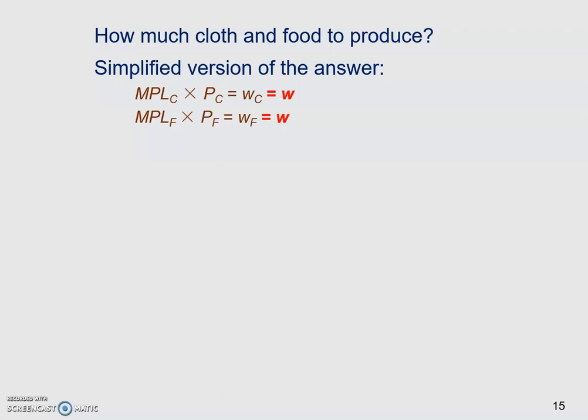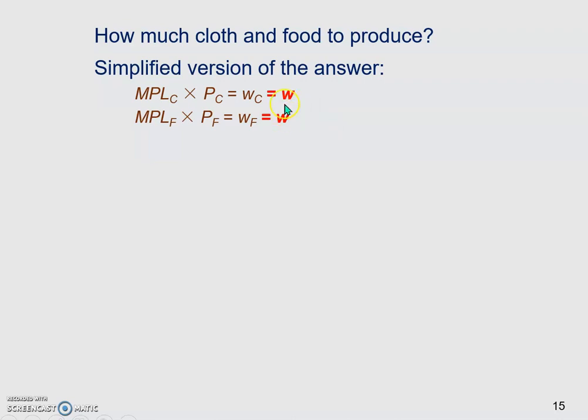And this movement would continue until the wage rates between the two sectors are exactly equal, all right? So that's why we put another letter W here, the red one. That simply means it's a market wage rate, okay? In other words, it's going to be the same between the two sectors, all right?